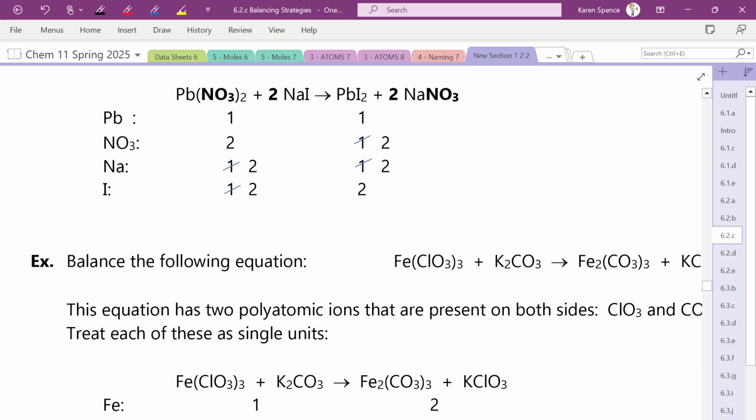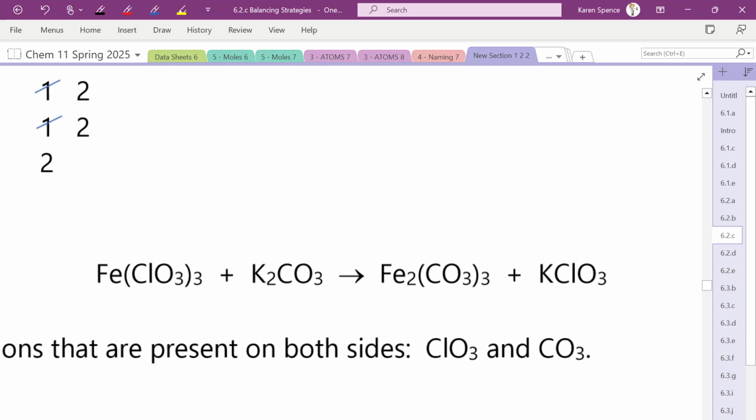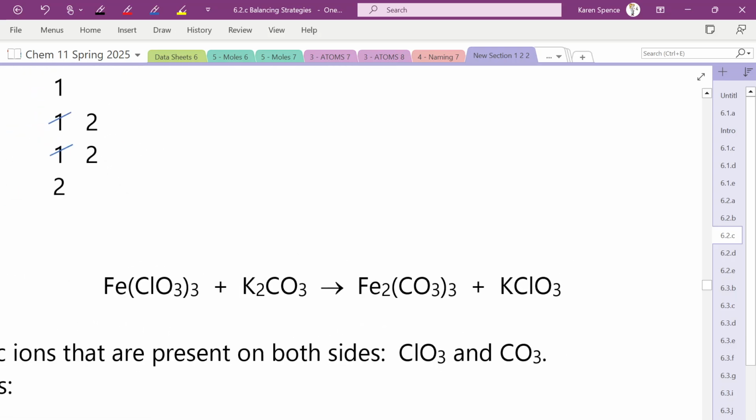Here's one that's a little more complicated. What type of reaction is this one? This is a double replacement. When you're dealing with double replacement, find the most complex compound.